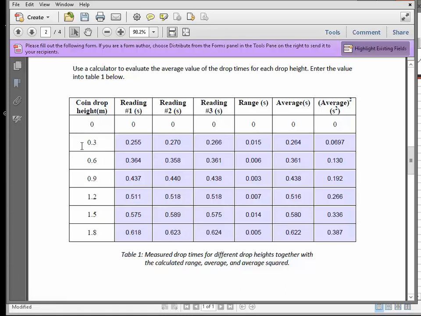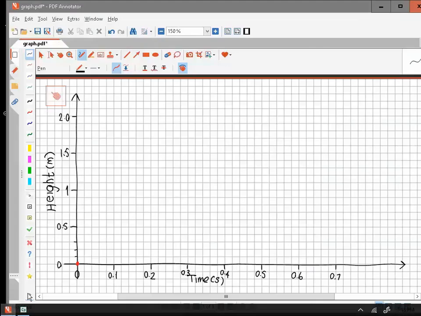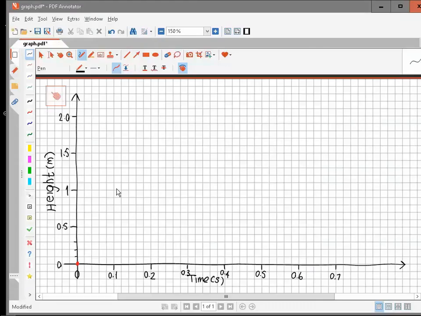Our second data point is at 0.3 meters, and the time is 0.264. Let's go over here. 0.3 meters corresponds to 0.1, 0.2, 0.3. So it's got to be along this line here, and it corresponds to 0.26. So this is 0.22, 0.24, 0.26.